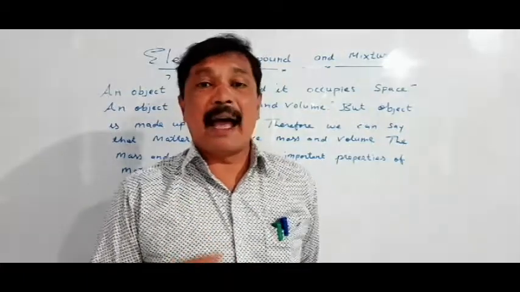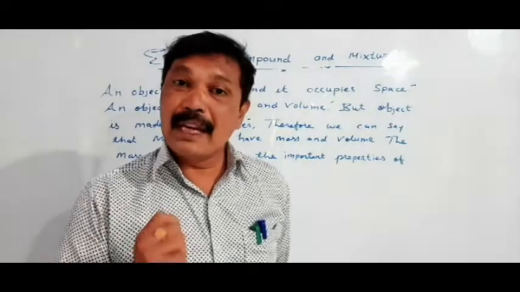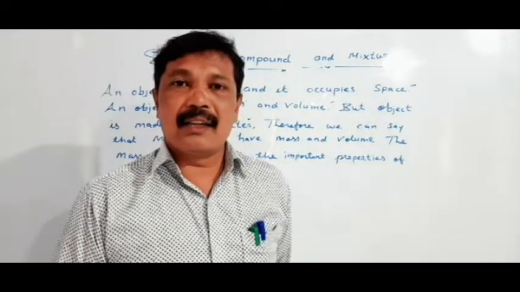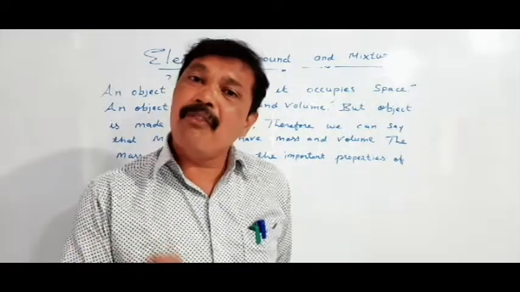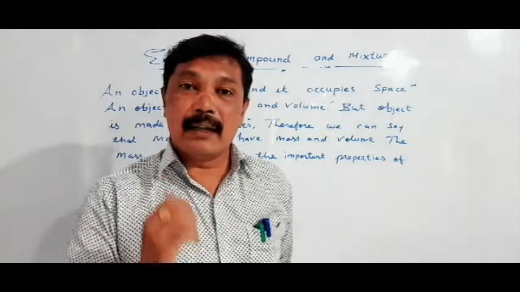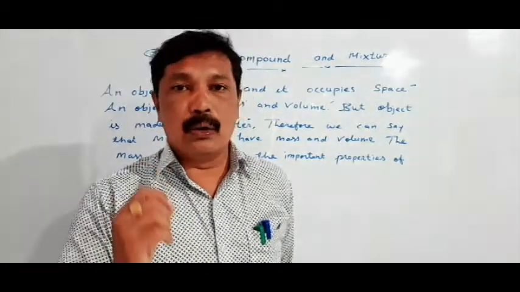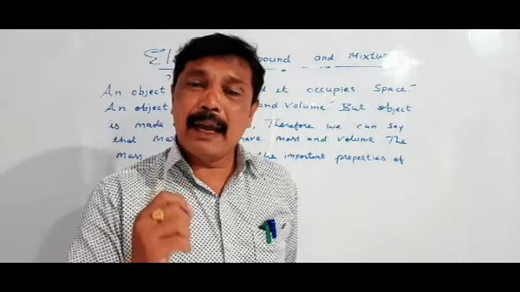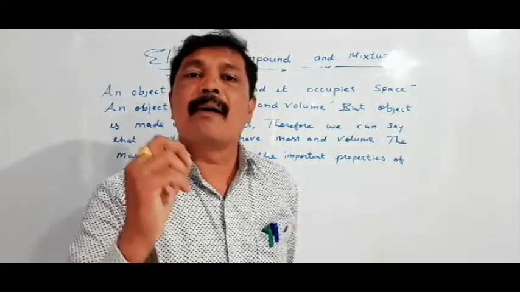An object has mass and it occupies space. Therefore, we can say that an object has mass and volume. But an object is made up of matter, and therefore we can say that matter also have mass and volume. Mass and volume are the important properties of matter.